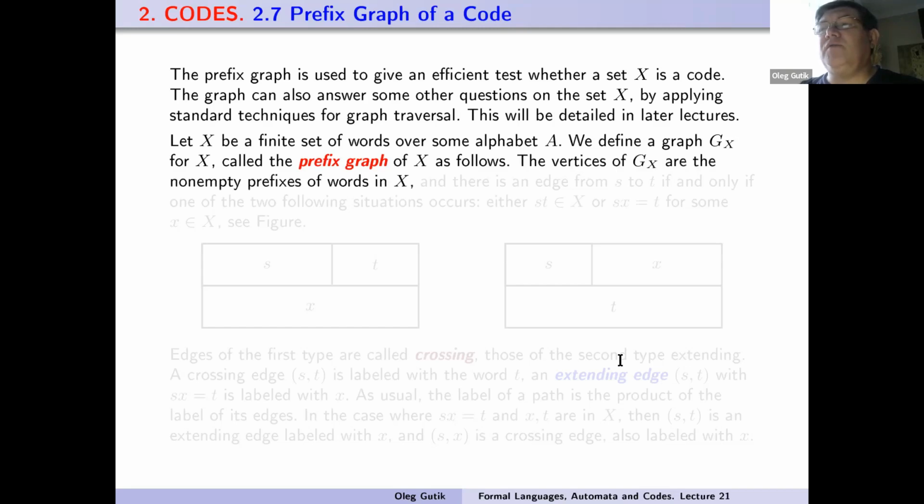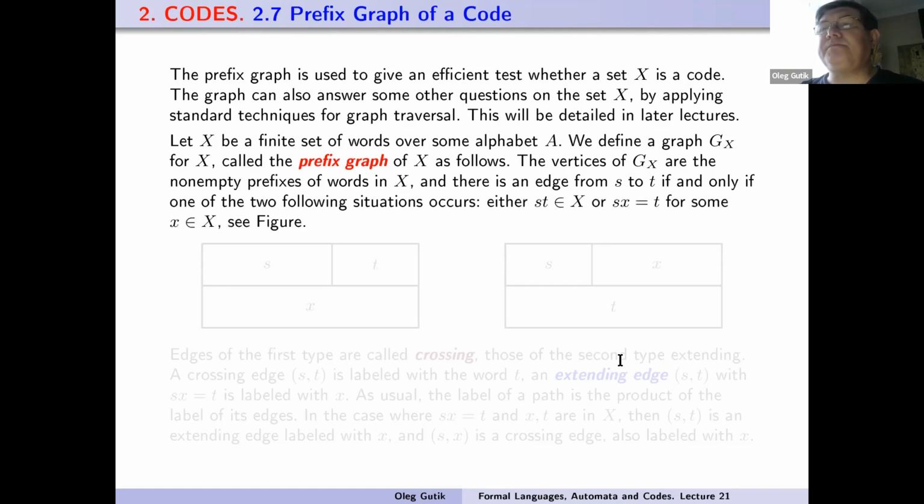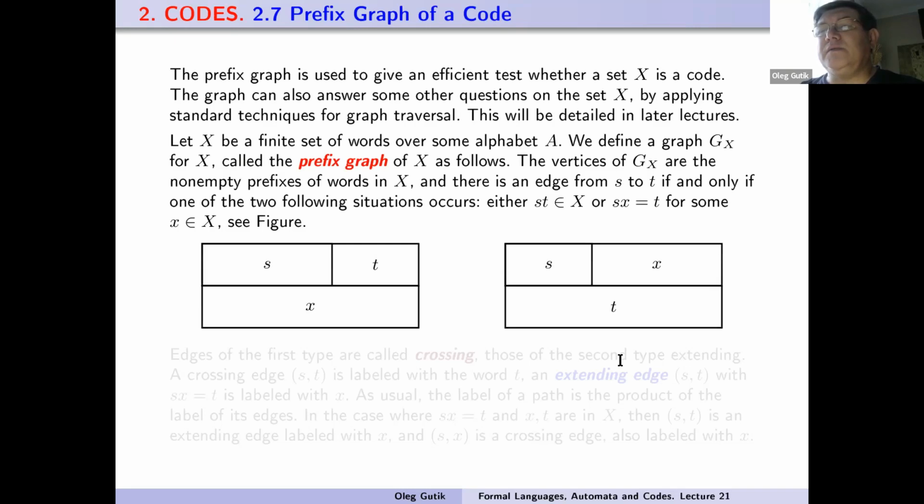The vertices of G_X are the non-empty prefixes of the words in X, and there is an edge from s to t if and only if one of the following two situations occurs: either st belongs to X, or st is equal to xt for some x from X. You can see the following figure.